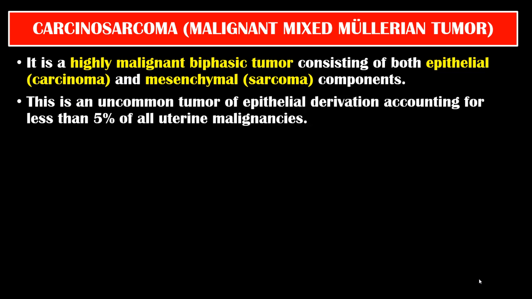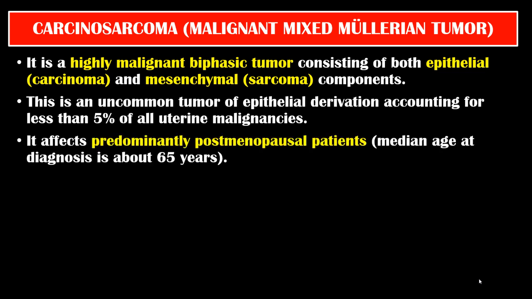This is an uncommon tumor of epithelial derivation, accounting for less than 5% of all uterine malignancies. It affects predominantly postmenopausal patients. Median age at diagnosis is about 65 years.